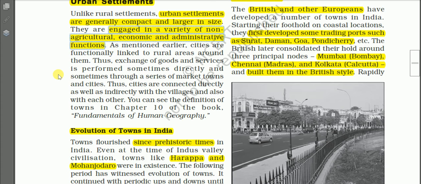And again, from the cities, different kinds of services are provided to the rural areas. So in this way, there is a functional link between the rural areas and the towns and the cities. That we have discussed yesterday.